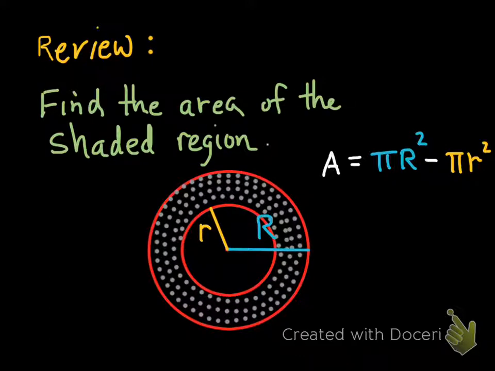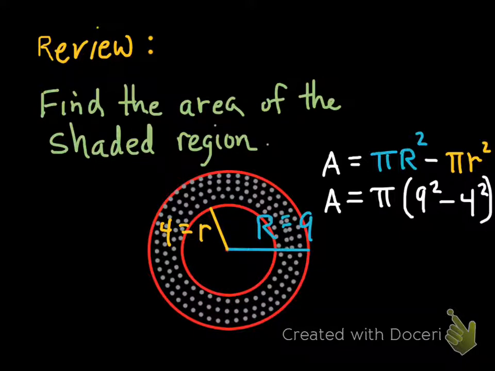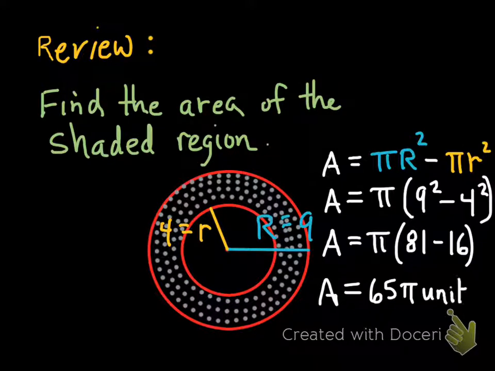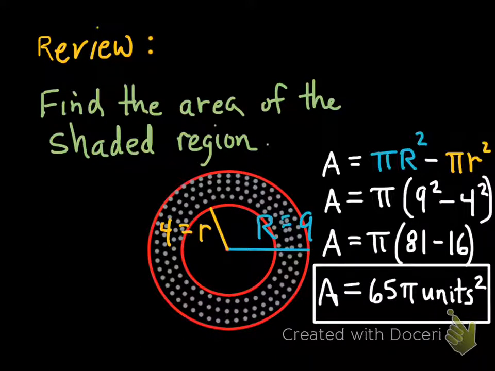So just to give you an example here, if we assign radii of length 9 for the big circle and 4 for the small circle, we're going to go pi big R squared minus pi little r squared, getting pi times quantity 9 squared minus 4 squared, resulting in pi times 81 minus 16 for a final answer of 65 pi units squared. That's how we would find the area of a circular region with a circular hole in the middle.